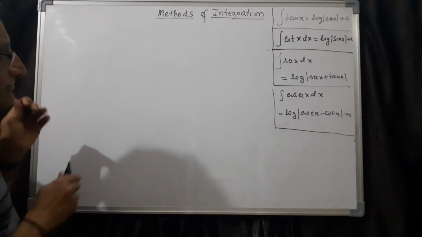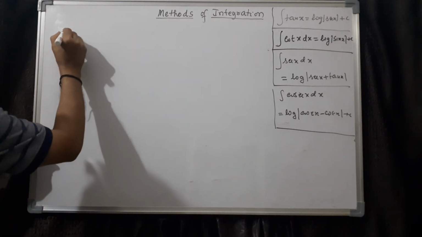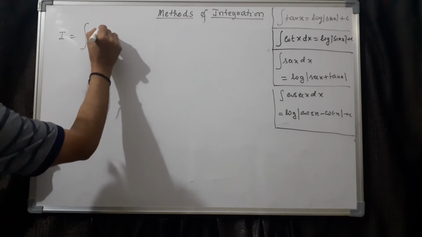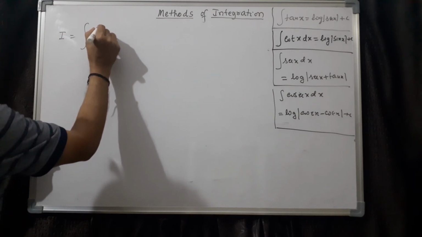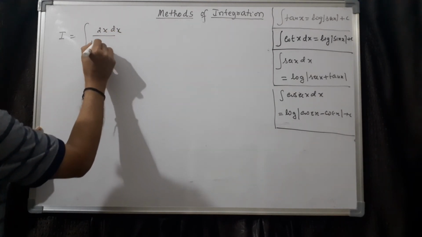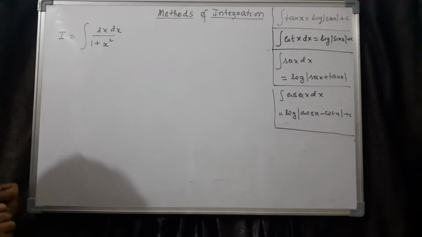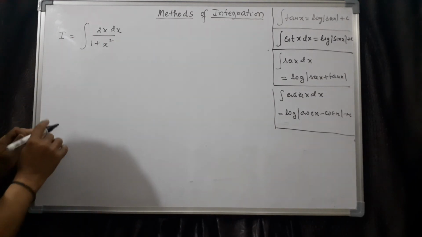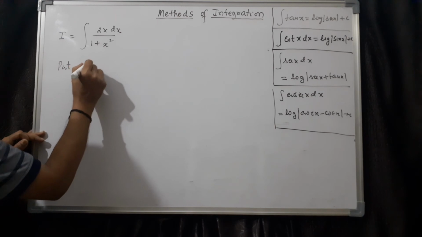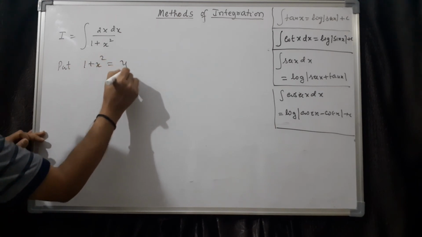Sometimes, for example, let me take one today. Integrate 2x dx by 1 plus x square. This is very simple. Directly put 1 plus x square equal to y.